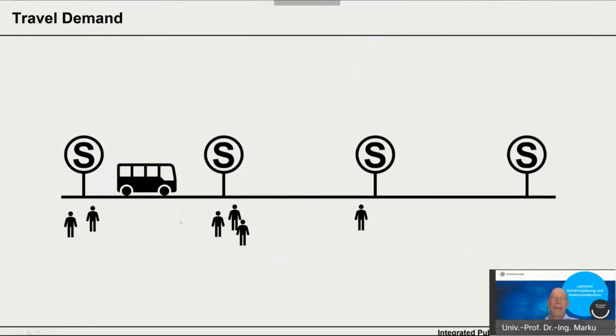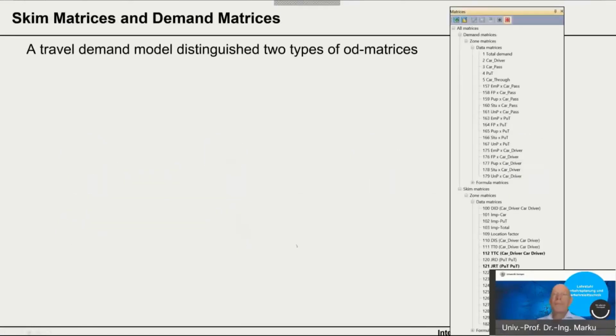Now I'm talking about travel demand. And for that reason, I'm also showing you how we store travel demand. People use public transport. So in our models, we distinguish two types of matrices.